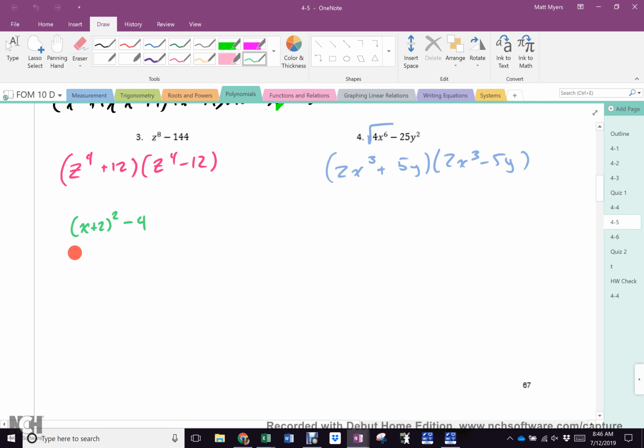This isn't really x squared plus 4, is it? No. But what do these brackets do to x plus 2? It makes it x plus 2 as a single thing, right? So, if I wrote this like this, is it a difference of squares?